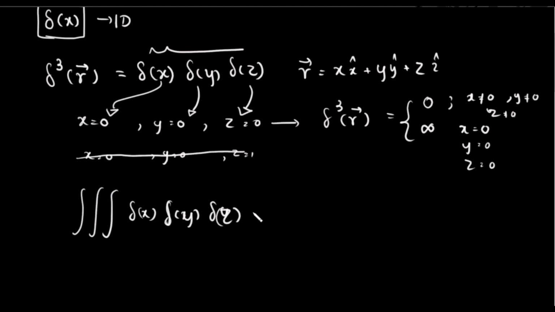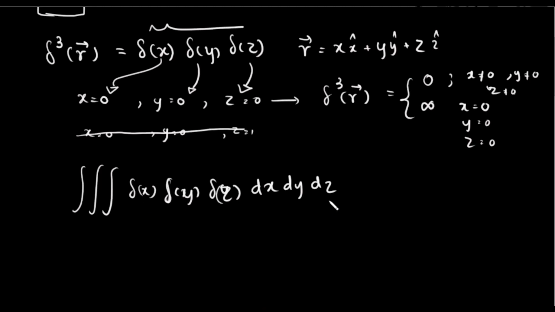That means you have dx here, dy here, and dz here. So this is a triple integral. This can be written as delta r d tau, where d tau is the volume element.